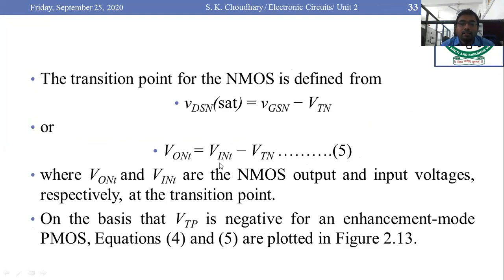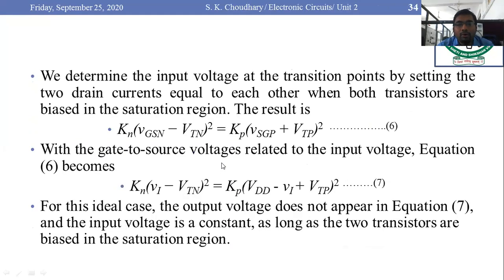Here the gate terminals are shorted to each other, so Vin for NMOS and PMOS is the same. We derive the formula for Vin to determine the input voltage at the transition point by setting the two drain currents equal, IDN equal to IDP, with both transistors in saturation. That is region B you have seen.